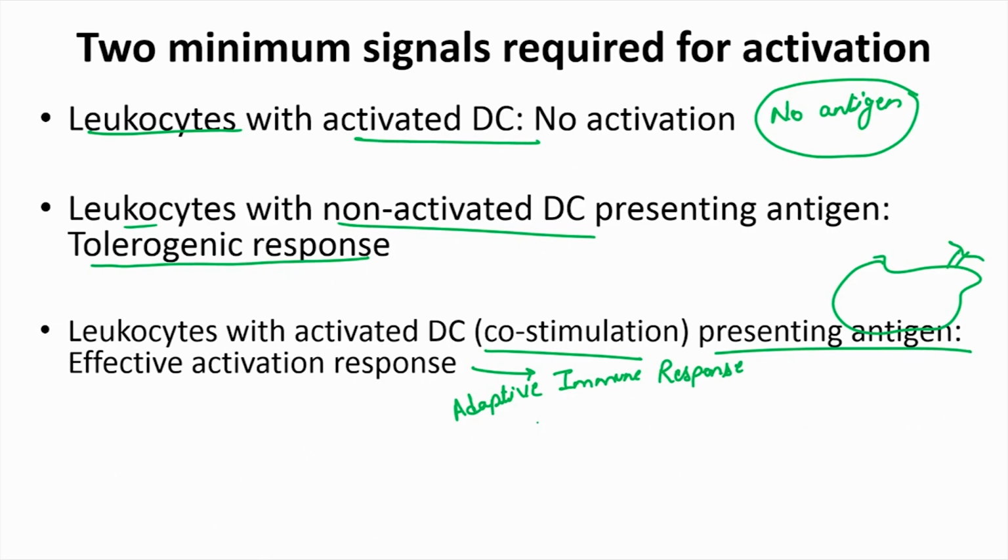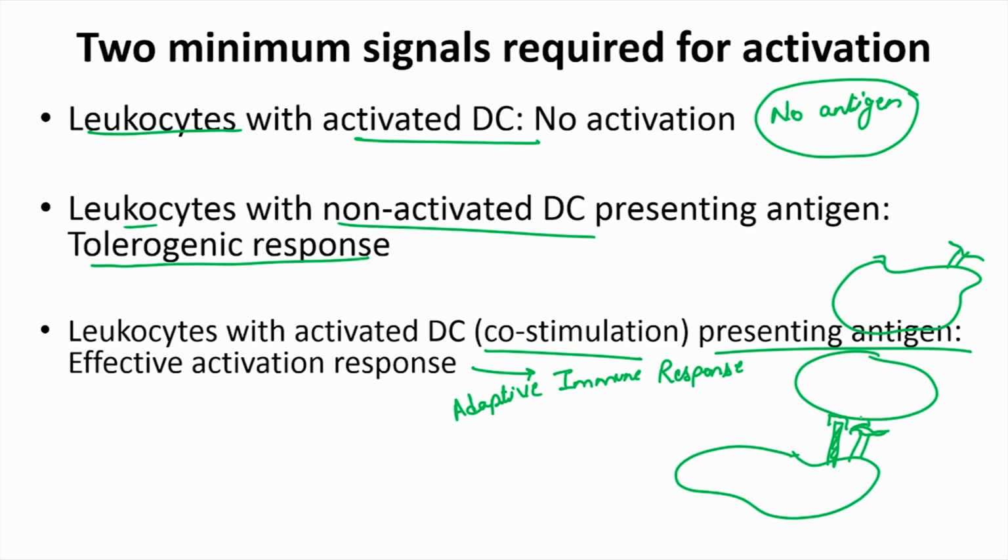When I say co-stimulation, what I mean is that you have a DC that is displaying an antigen, but along with the antigen, it is also displaying another protein that the leukocyte can come in and recognize.